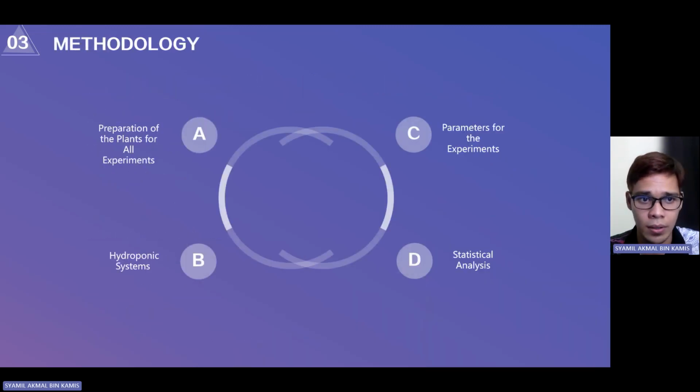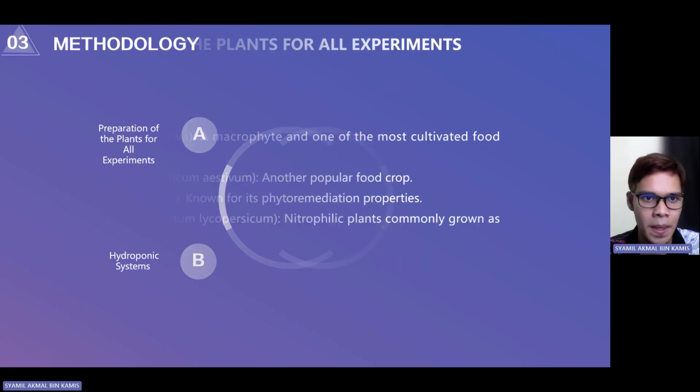The next slide is methodology. There are four parts to the methodology: preparation of the plants for all experiments, the hydroponic systems, parameters for the experiment, and lastly, statistical analysis.